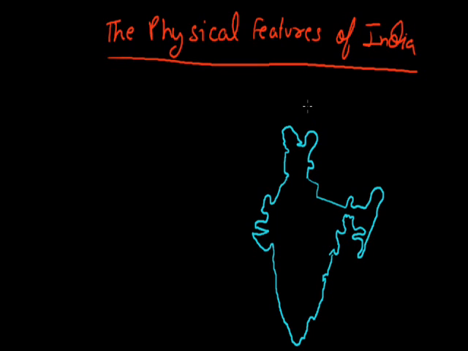Here it is India. Now let us take the next physical feature, which is the desert. In the world there are two types of deserts: the first is the hot desert and the second is the cold desert.